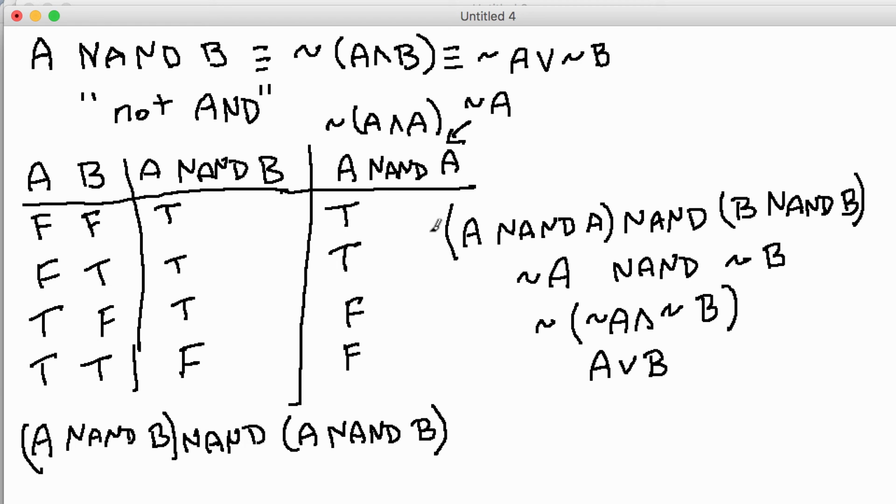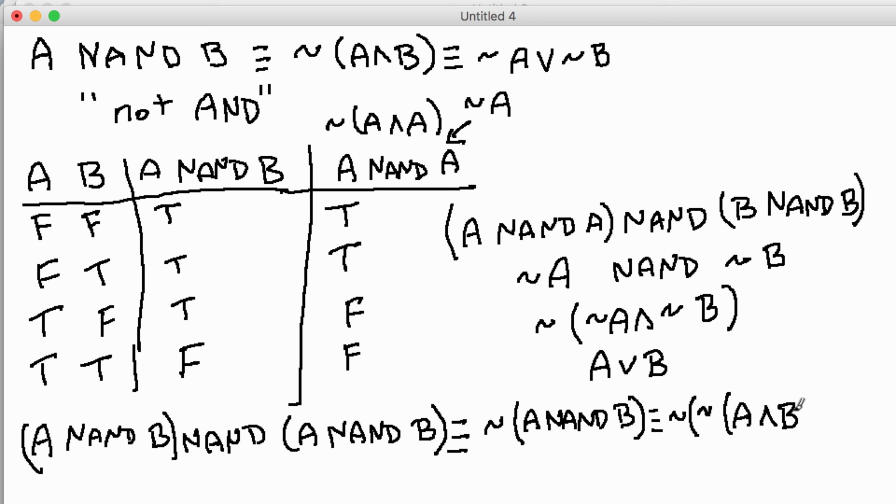And what we notice is that this would be equivalent to not A NAND B. Okay, but A NAND B would be equivalent to not A and B. And these two nots would cancel each other out, and I would just get A and B.